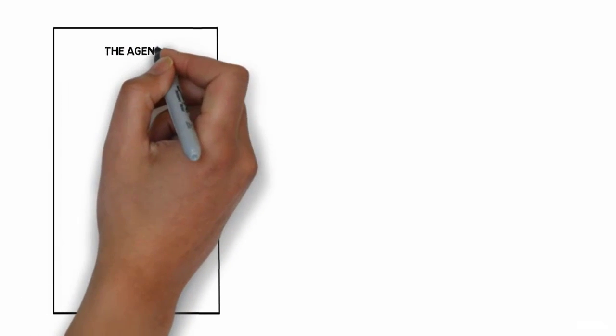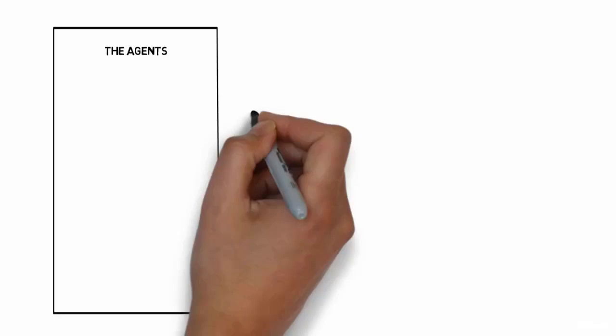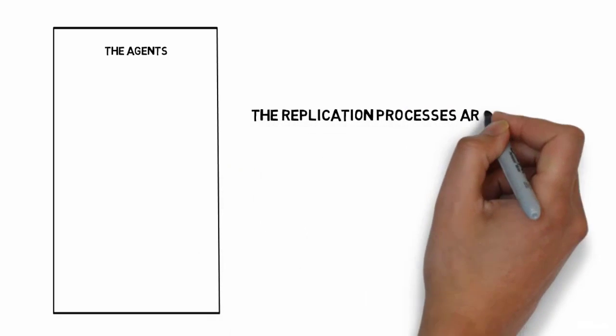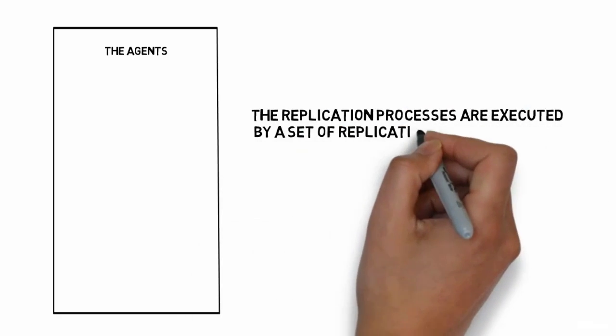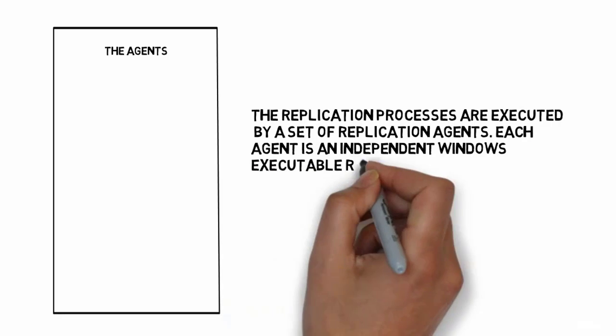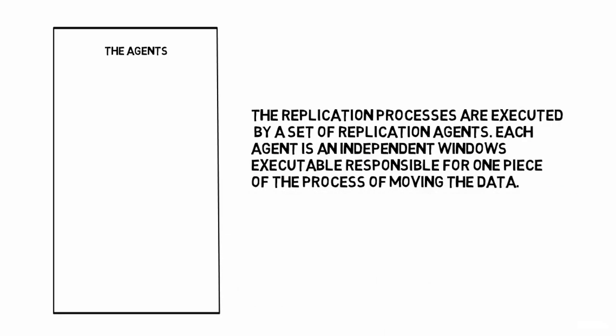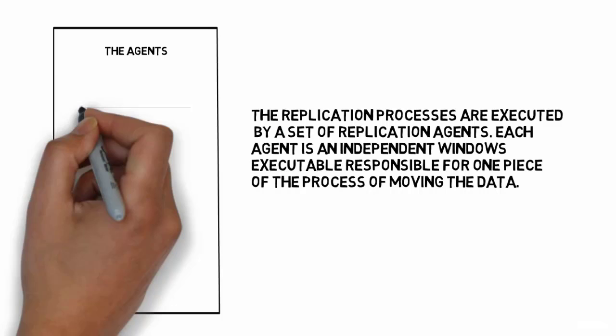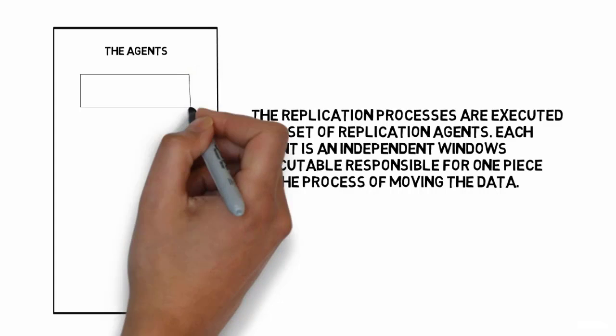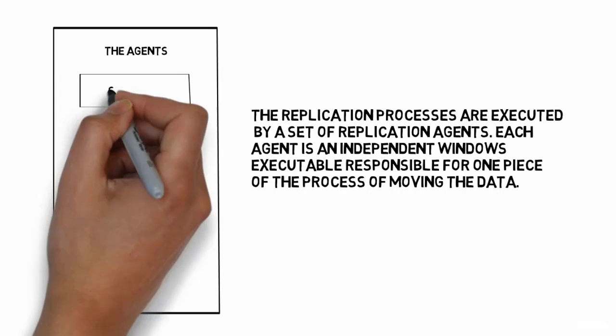All right, in this video, let's learn about the replication agents. The replication processes are executed by a set of replication agents, and each agent is an independent program that's responsible for the process of moving the data. In a default installation of replication, each agent is executed by its own SQL Server Agent job.